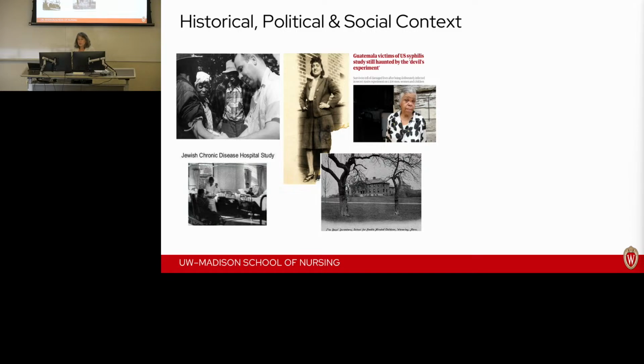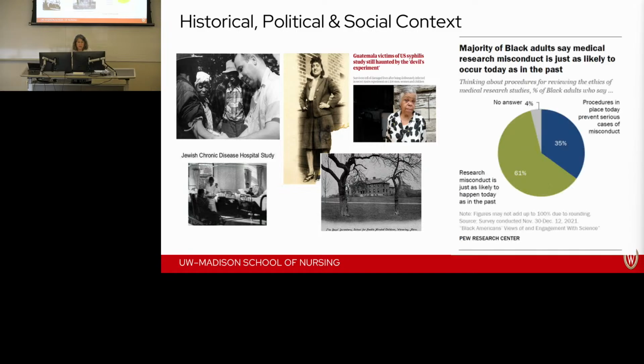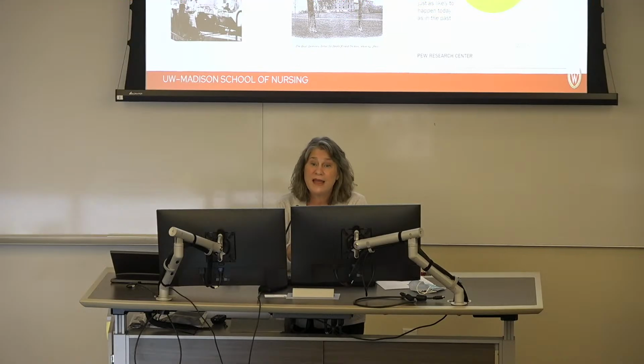So we have a history, and that travels with us that we need to address when we go into these populations. Some people might think that Tuskegee ended in 1972, and all these things happened before the Belmont Report, so they're not really important today. That's not the case.